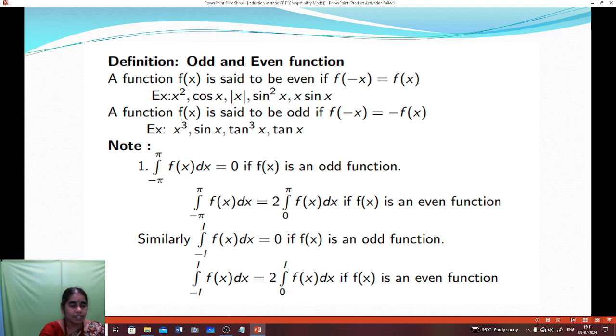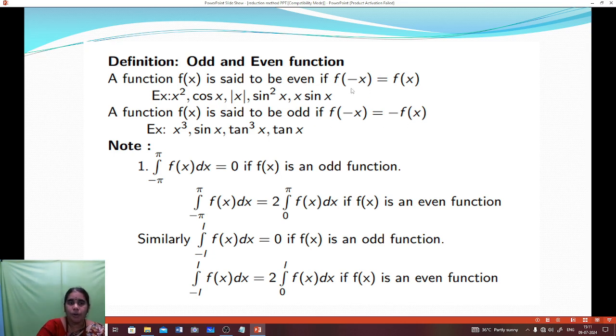For this section, first we have to know the simple definition of odd and even functions. What is odd, what is even? A function is said to be even if, this is our definition, f of minus x is f of x. If f of minus x takes the value of minus f of x, then it is said to be odd.